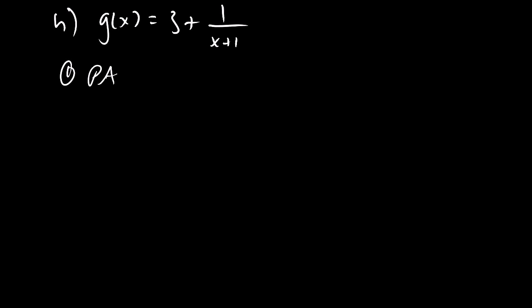Follow up. Last one. Coming up at you hot. H. g of x is equal to 3 plus 1 over x plus 1. Nice. Step 1. Parent. What does our parent look like? Well, if we take away all our numbers, it's going to be g of x is equal to 1 over x.